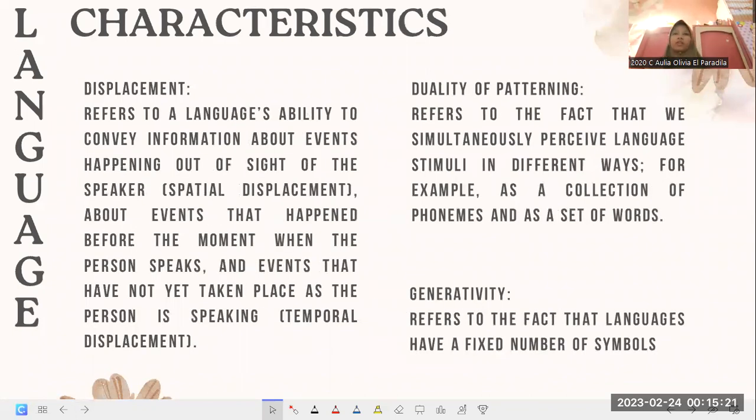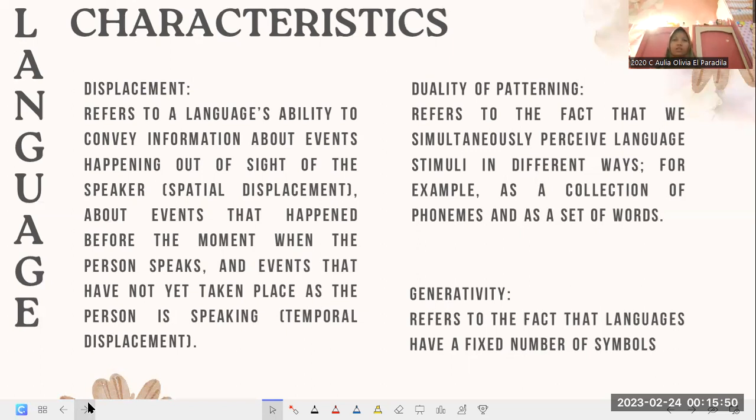Okay, thank you. The next one is displacement. It refers to a language's ability to convey information about events happening outside of the speaker, or spatial displacement, about events that happen before the moment when the person speaks and events that have not yet taken place as the person is speaking.